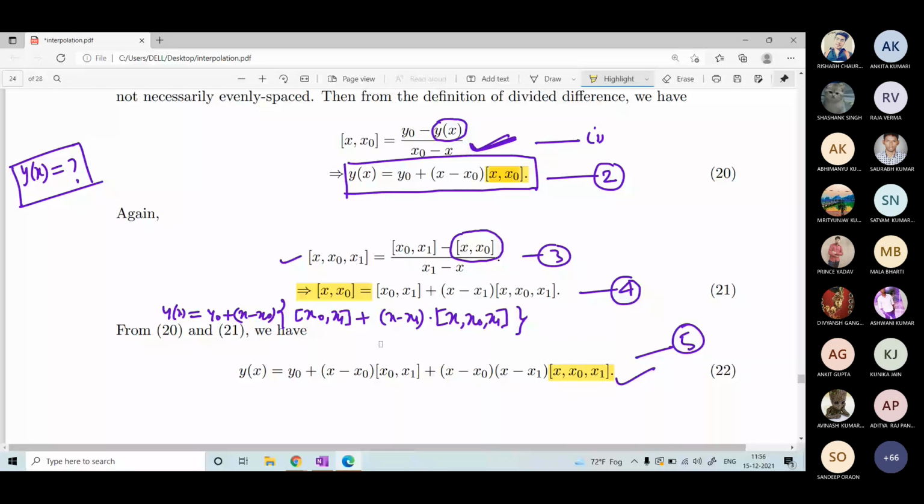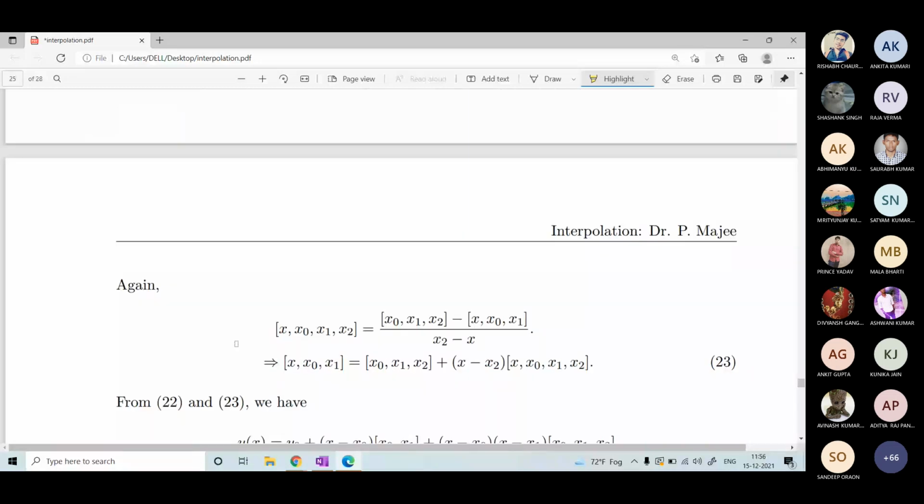How to calculate that value? We'll take the help of the next data, x2, y2. So now you consider the divided difference of x0, x1, x2. By definition, that will be the divided difference of the last three data, x0, x1, x2, minus the divided difference of the first three data, which are x0, x1, by the total length x2 minus x.